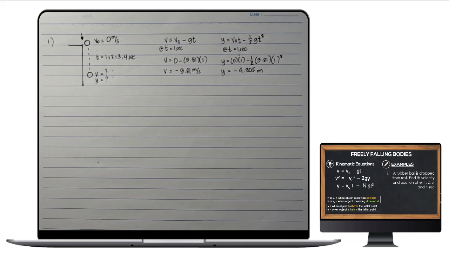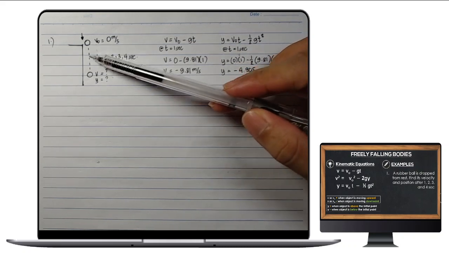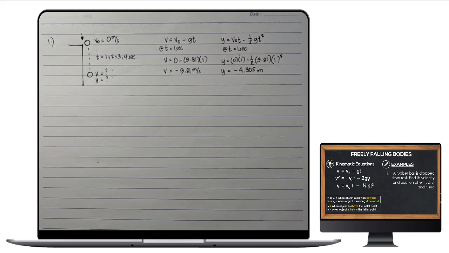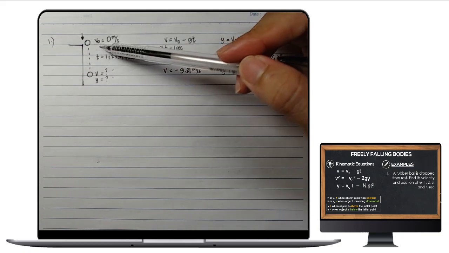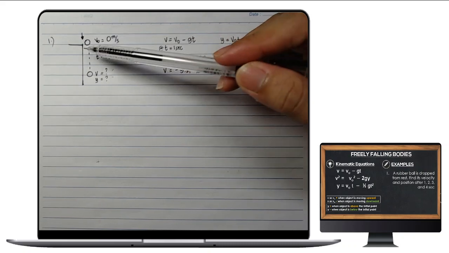As you can see, negative yung na-solve nating value ng ating y kasi yung position after 1 second, nasa ibaba. Okay? So nasa baba siya, having this as our initial point, nandiyan yung reference natin.